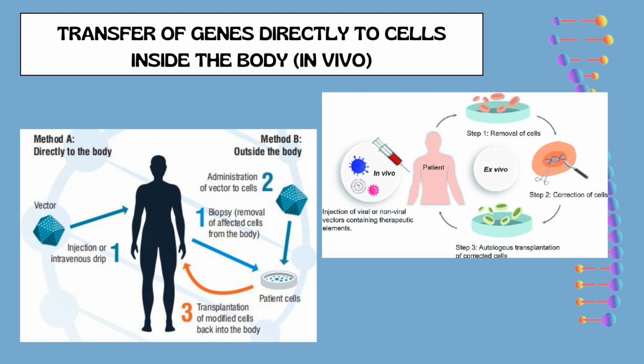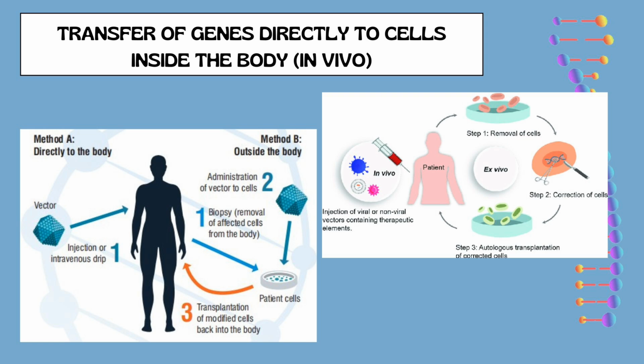This image shows two methods of gene therapy, or transfer of gene directly to cells inside the body in vivo. Sa method A, directly to the body, which is yung in vivo, this method involves directly introducing a therapeutic gene into the patient's body. A vector or a delivery system, often a virus carrying the corrected gene, is injected or administered intravenously.